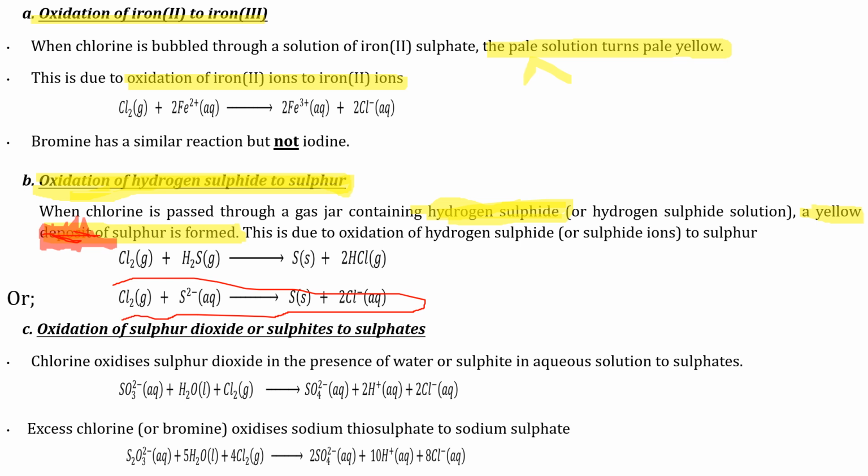So take note that chlorine is going to react with the sulfide. This sulfide is formed after dissolving hydrogen sulfide in water, because this is the question that we are going to ask you, and we want you to write this very equation. You will be awarded 1.5 marks, showing that chlorine will oxidize the sulfide to form yellow solids of sulfur. Sulfur exists as a yellow solid in nature.